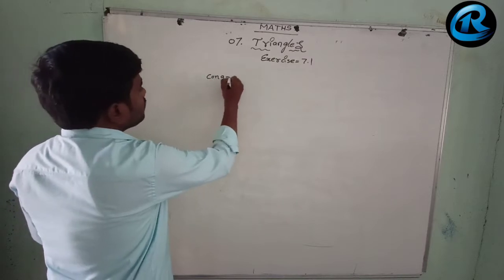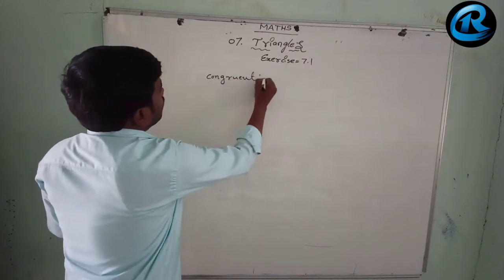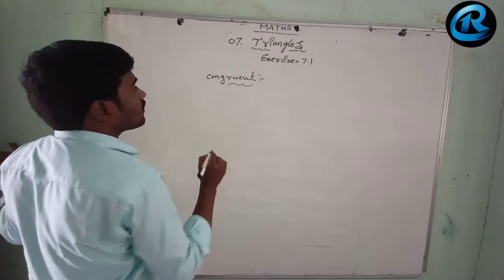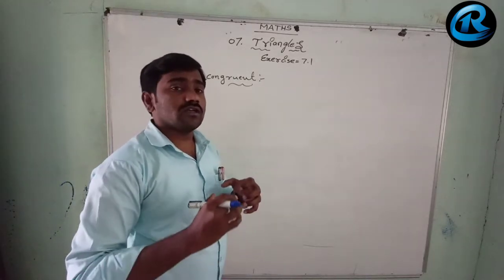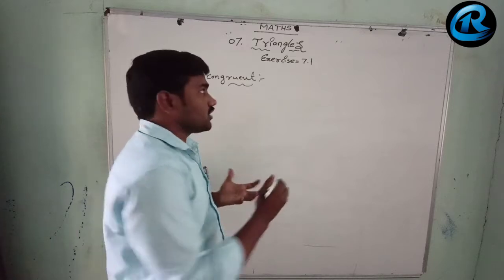Congruent. The meaning of congruence or congruent. So how can we know the meaning of congruent? Congruent is when they have the same size and same shape.